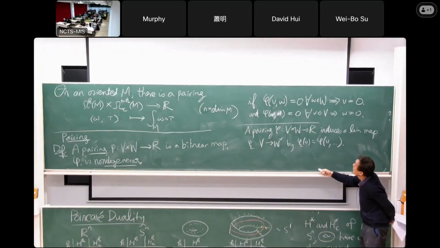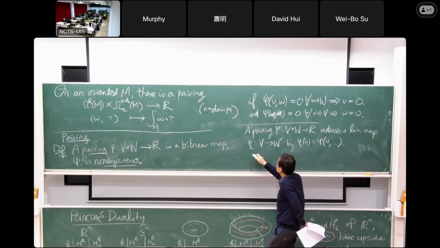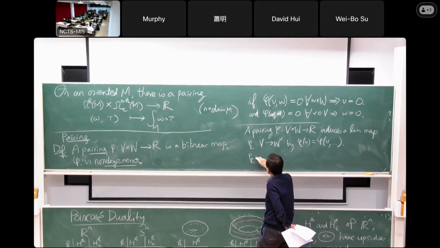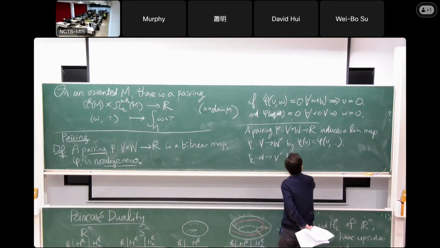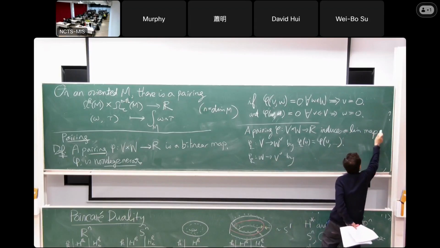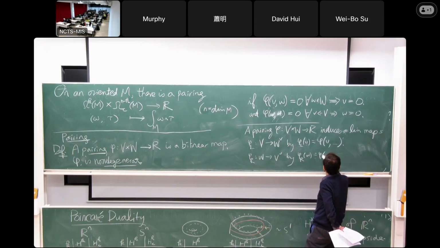And it also induces a right map from W to V dual. So phi R of W is phi of blank, W.